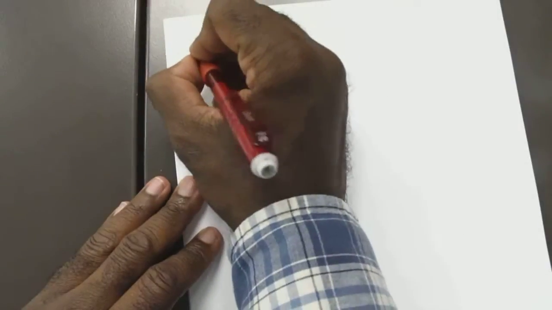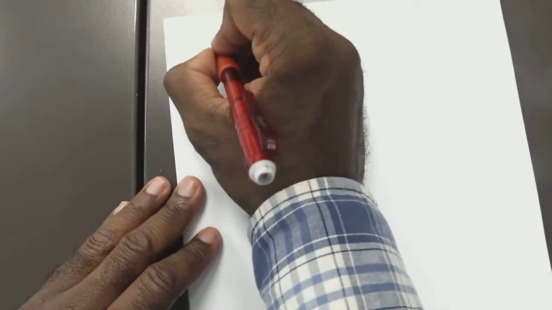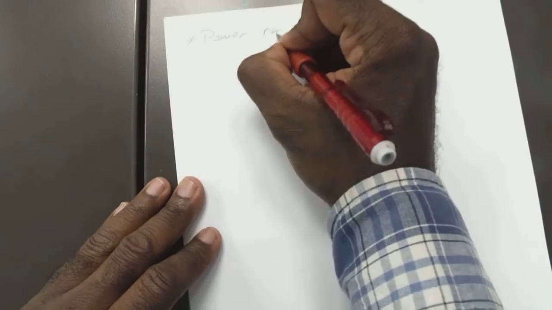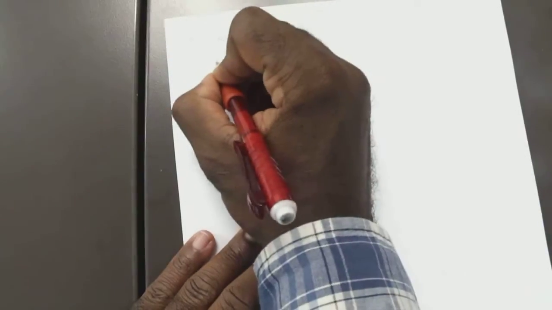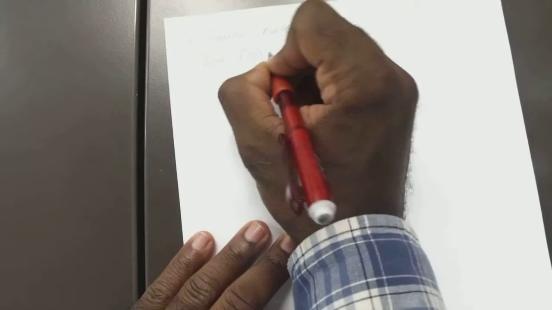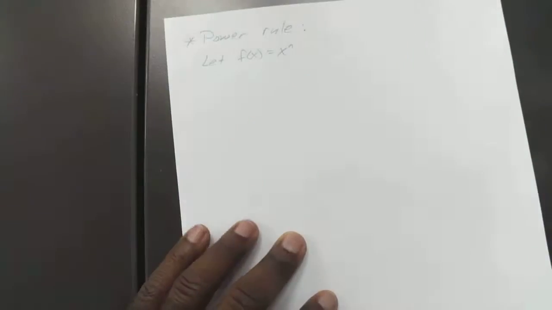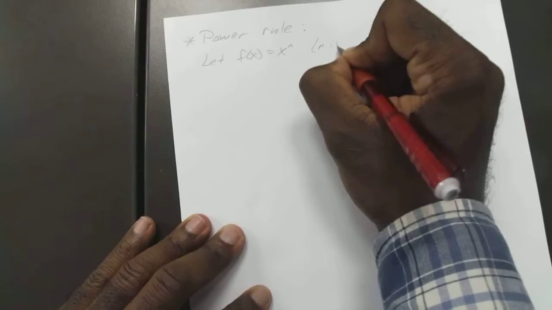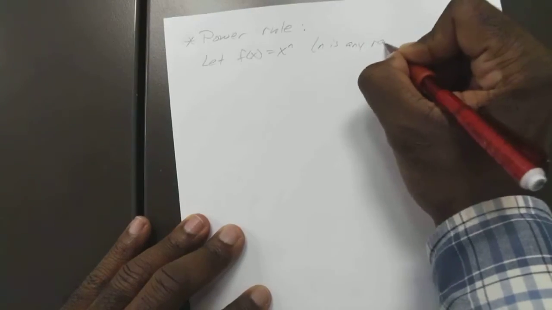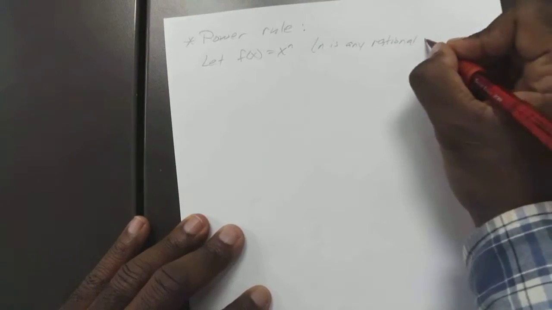So next, probably the one we'll use most often is the power rule. Let's say we let f of x equal x to the power of n, where n is any real number, or any rational number.